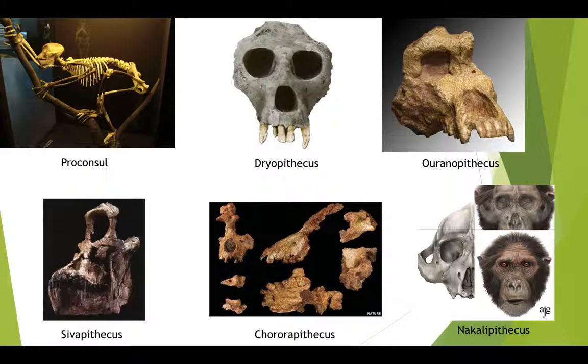Both are thought to be fairly closely related to whatever was our proto-African ape, proto-human ancestor before gorillas diverged. Particularly with Chororapithecus, we look for a lot of similarities with gorillas, while the Nakalipithecus artistic rendering gives us a face that's somewhat chimp-like.